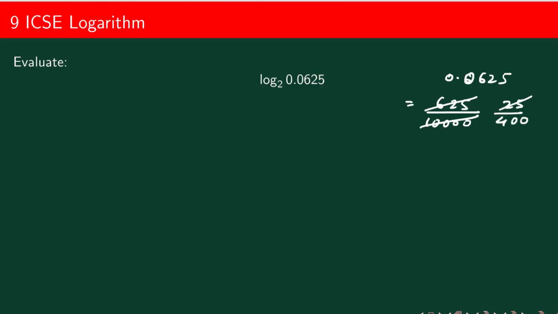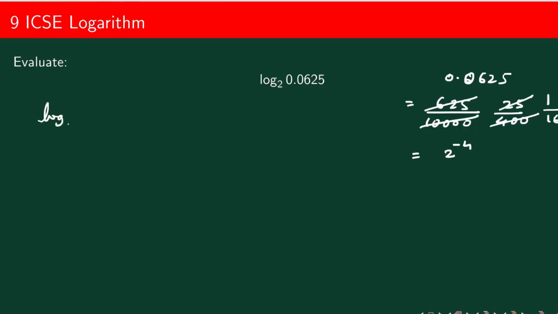And 25 will go one time, and 400 divided by 25 is 16. So this will be 2 raised to minus 4. So 0.0625 can be written as 2 raised to minus 4.